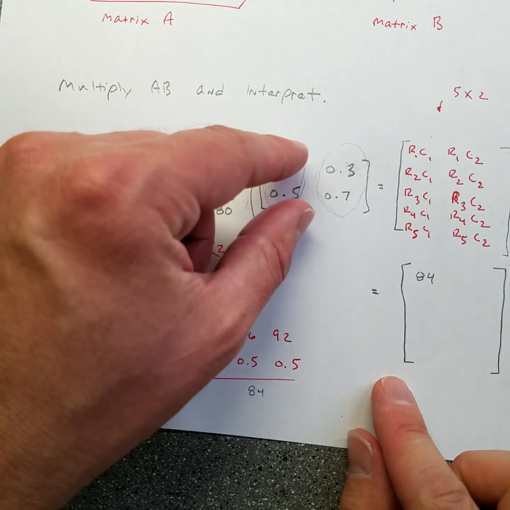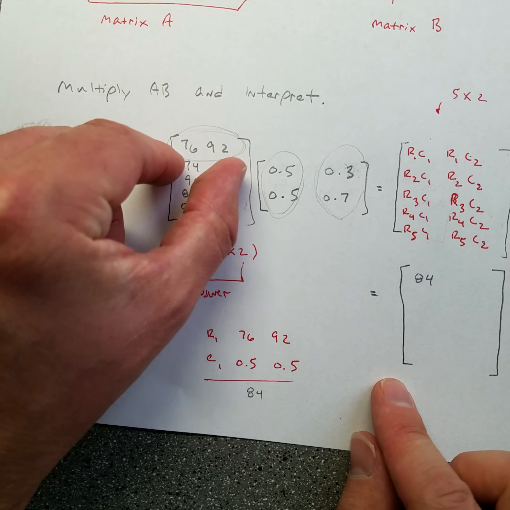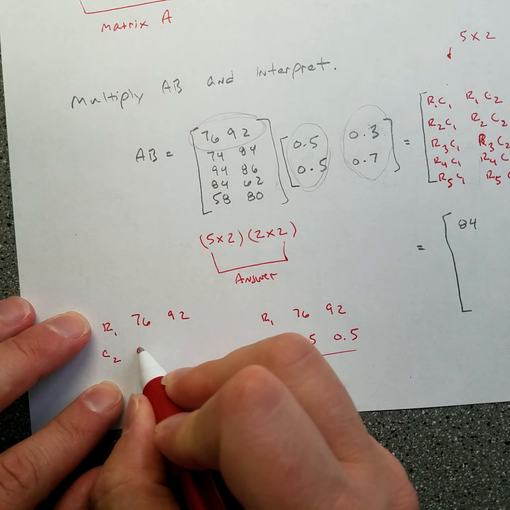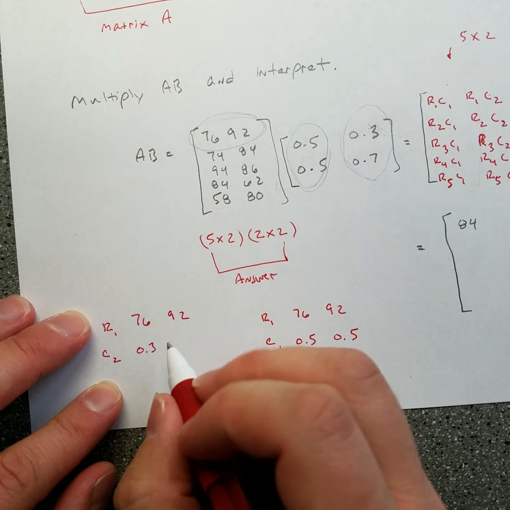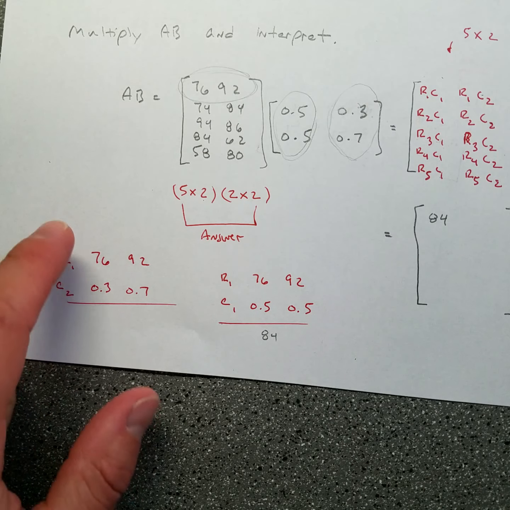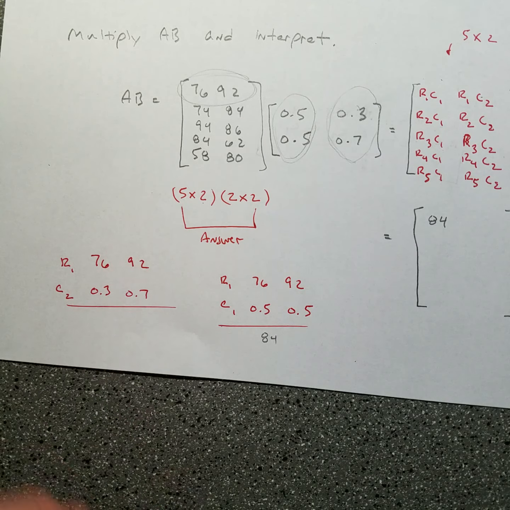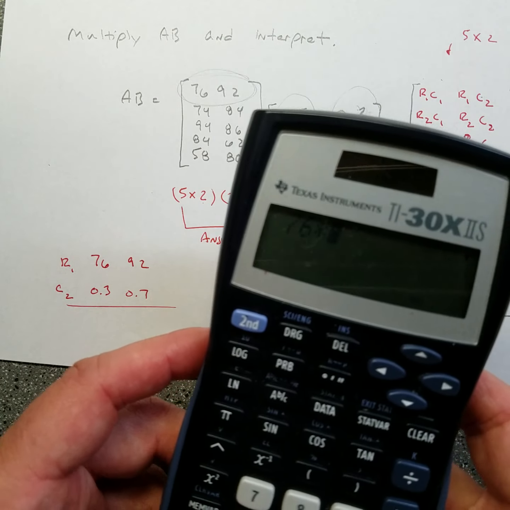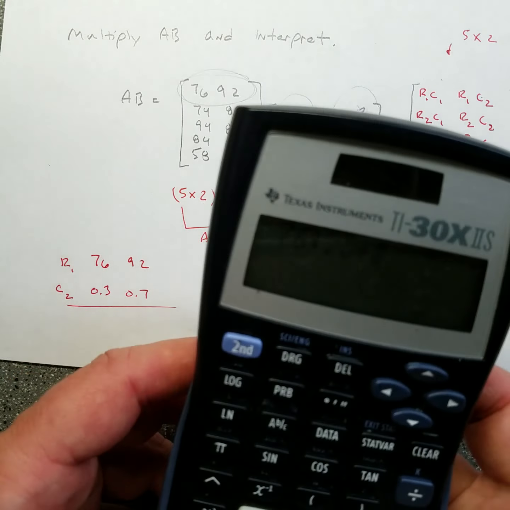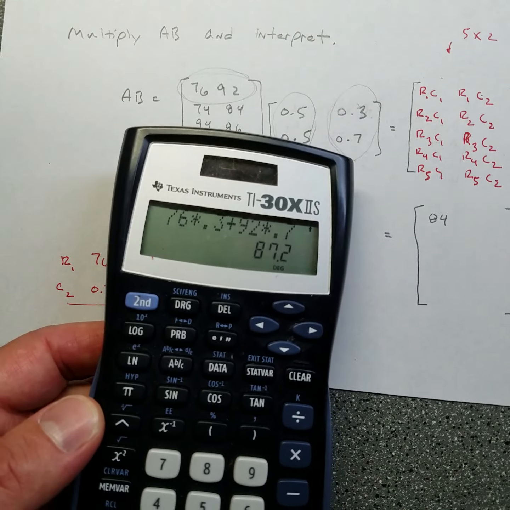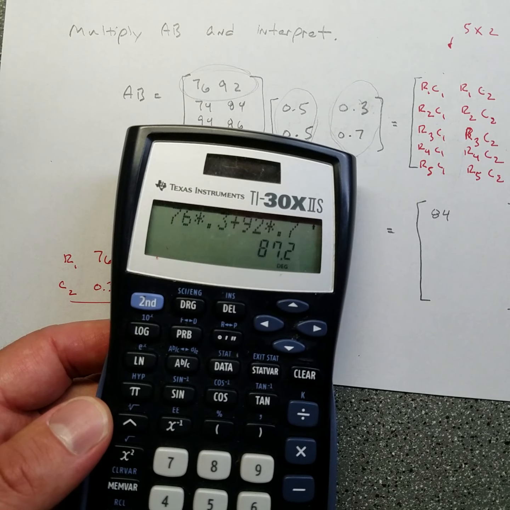C2, if I pick it up and turn it sideways like this, I get a 0.3 like so, and then a 0.7. Okay? Alright, so 76 times 0.3 plus 92 times 0.7. So let's see, 76 times 0.3 plus 92 times 0.7. So I get 87.2. Alright.